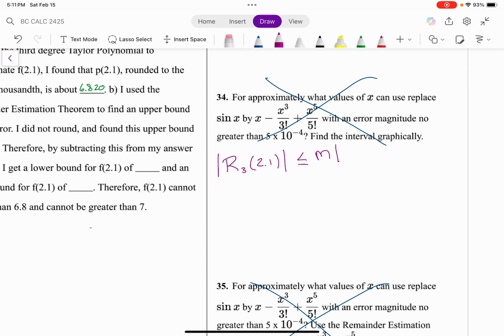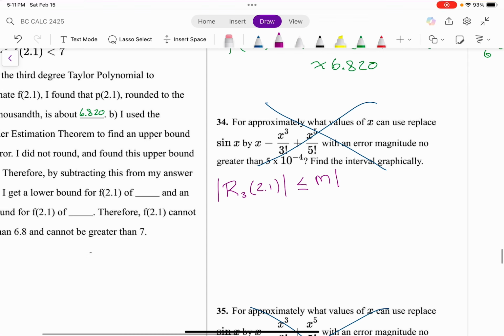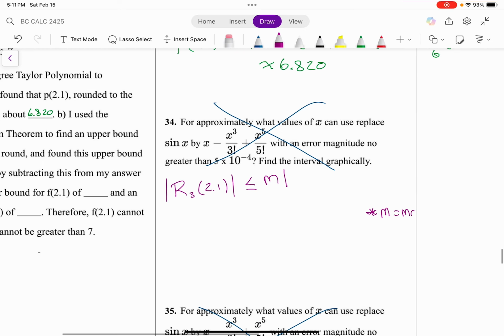I'll just record that over here somewhere. So remember, M is the maximum value of the absolute value of the n plus first derivative. So in this case, that'll be the fourth derivative of our function. Sorry, my writing is being weird.